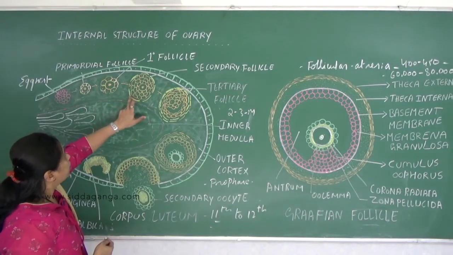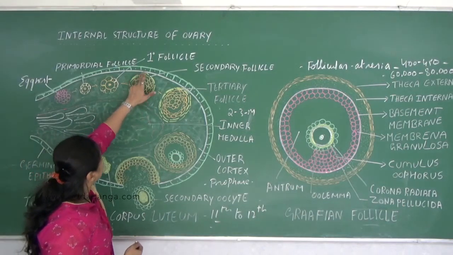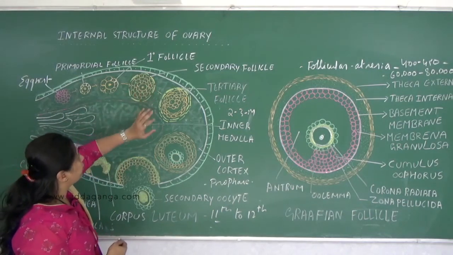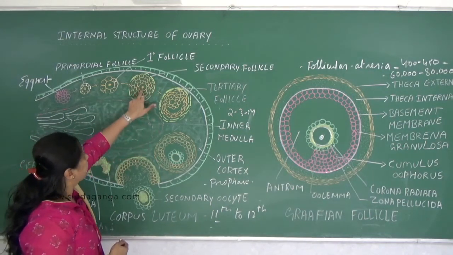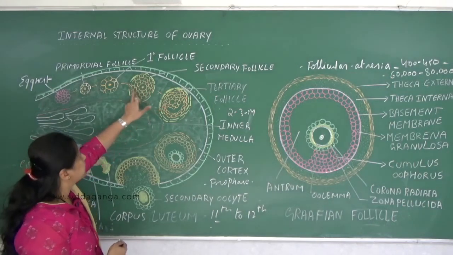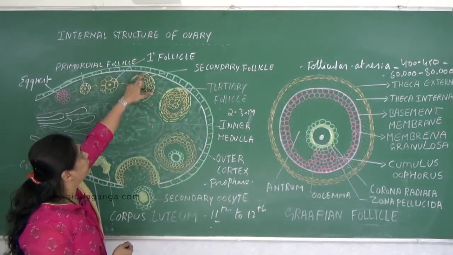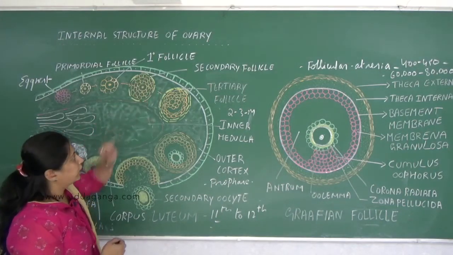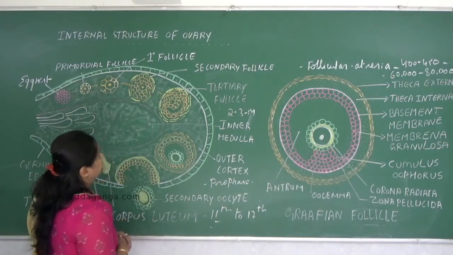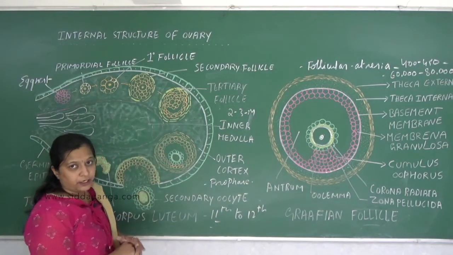Now in the secondary follicle, the development of theca also takes place. So the secondary follicle is characterized by the primary oocyte surrounded by more granulosa cells and a newly formed theca.